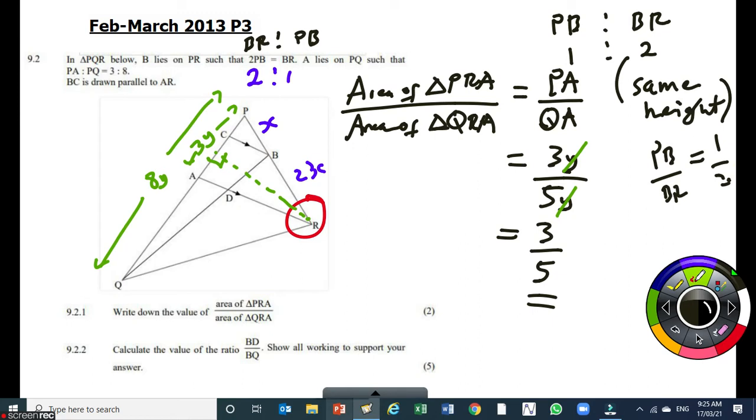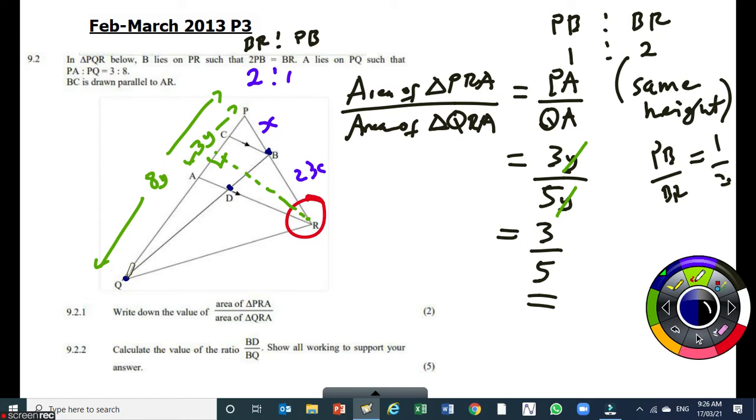9.22. Calculate the value of the ratio of BD over BQ. Okay. Show all your working to support your answer. So here, we now need to calculate the ratio of BD. So we have got B here, we have got D there. Okay? And then BQ is from here to there.